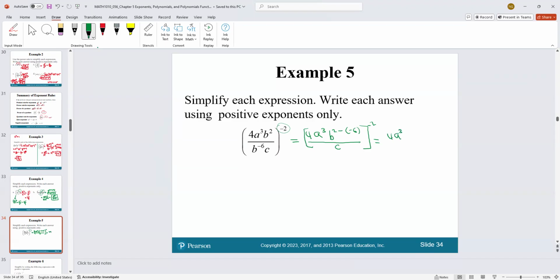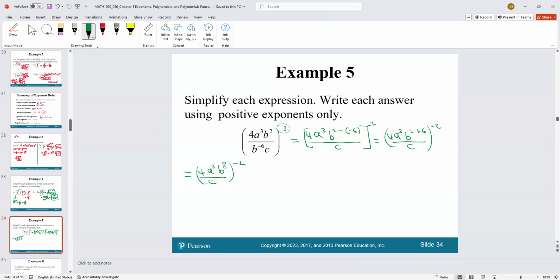Now, again, I still have 4a power 3, b 2 plus 6 over c, again, exponent -2. I don't change anything yet. That gave me 4a power 3, b 8 over c power -2.